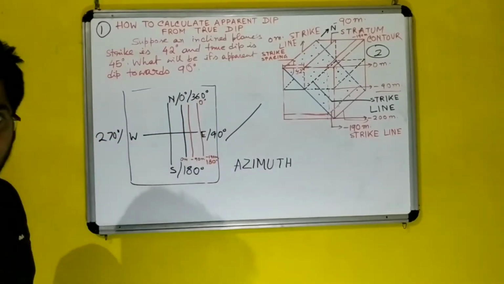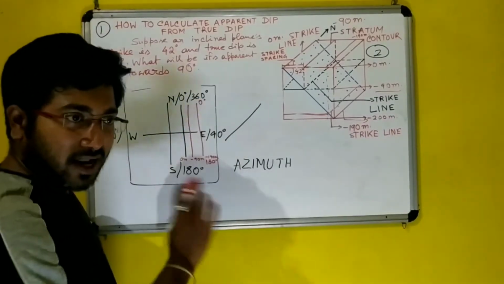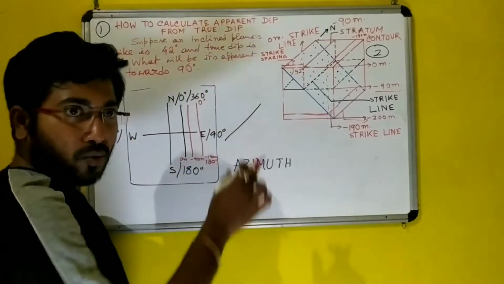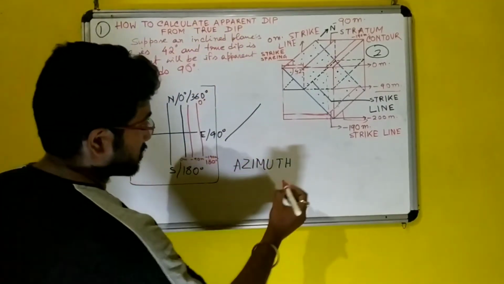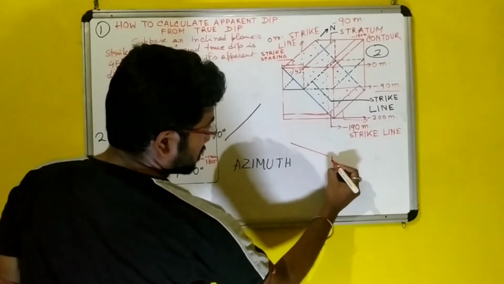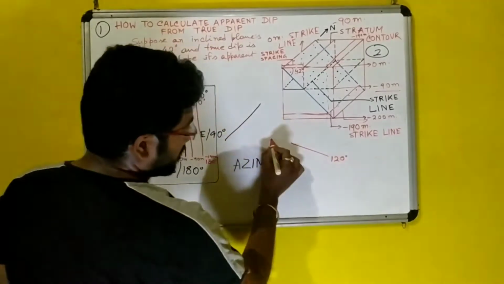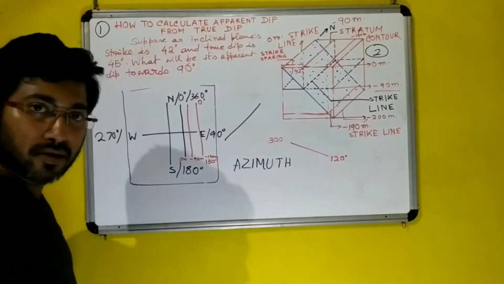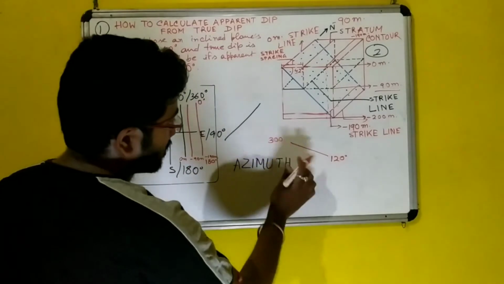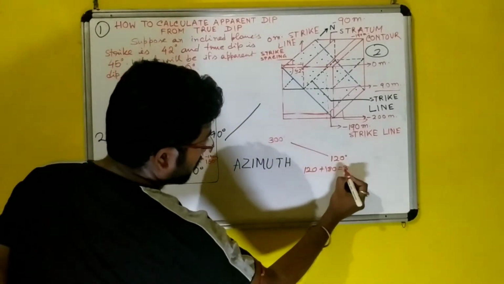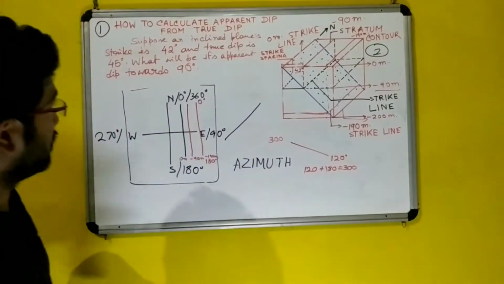In mathematics we know one line has two ends, angularly related by 180 degree. Suppose one direction is 120 degree, the other will be 300 degree. This is the relation: 120 plus 180 equals 300.